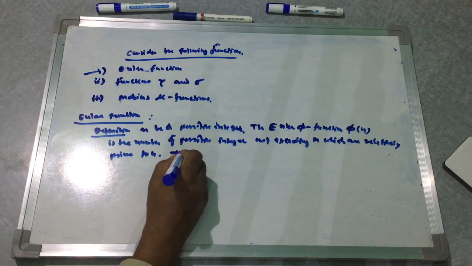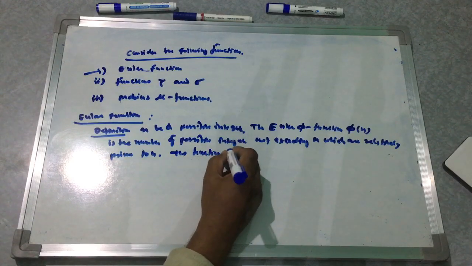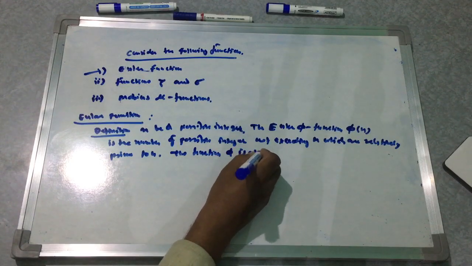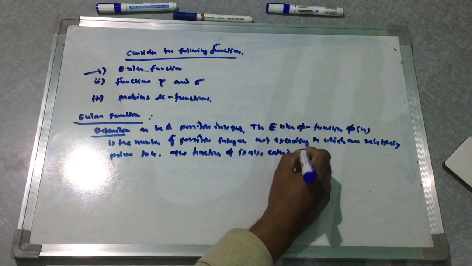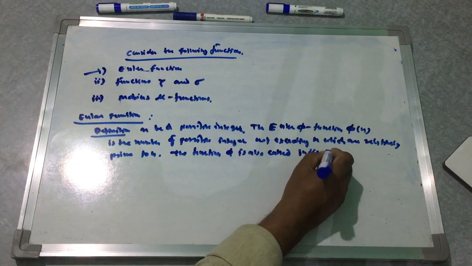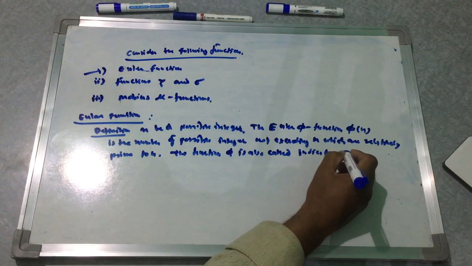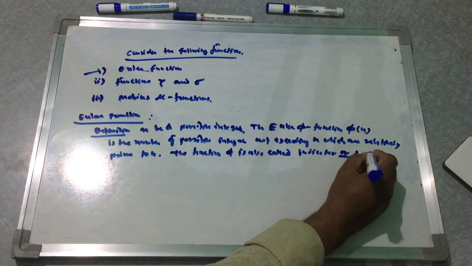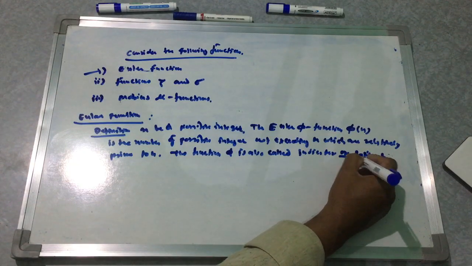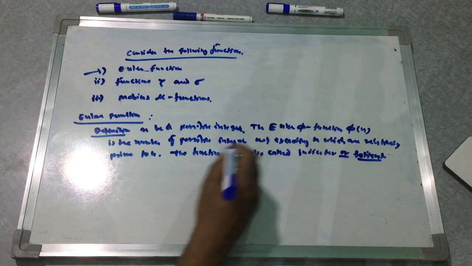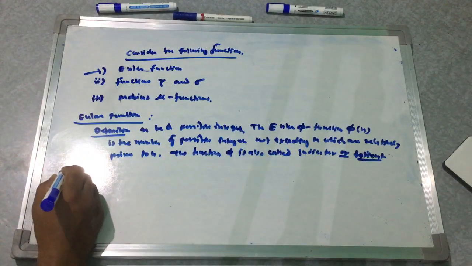The function phi is also called the indicator or totient function. So we have given here an example for the illustration.